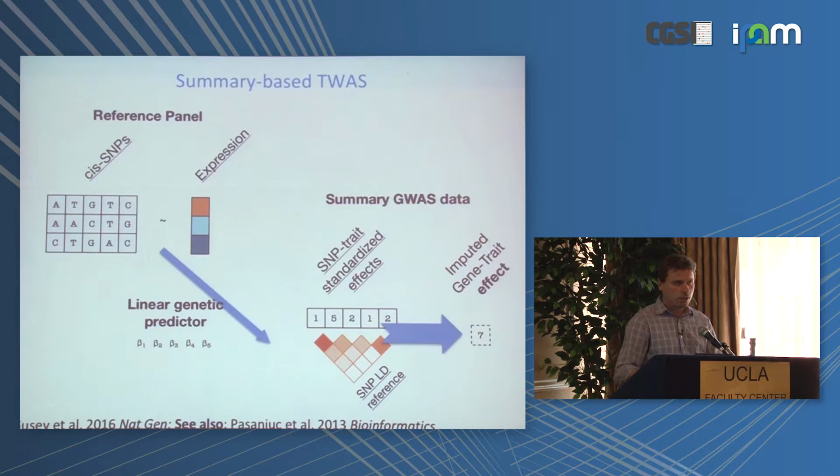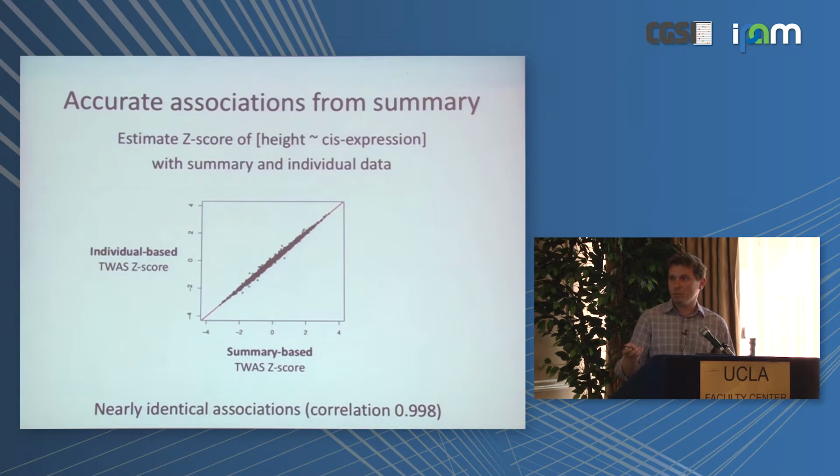Okay, and that sounds like a mouthful. Does it work? Well, we had data with 1,000 individuals where we had all these three measurements. This is the Young Finns study, where we had blood expression as well as height as a phenotype. We did both ways in parallel and compared one versus the other.